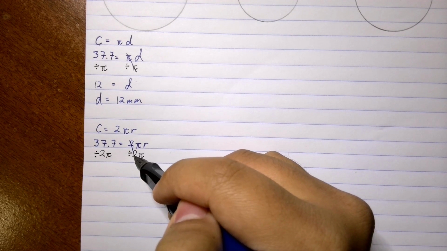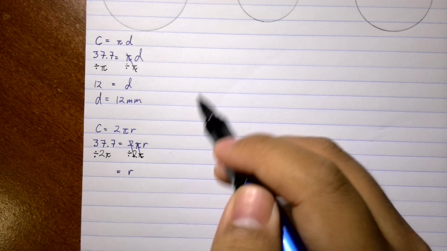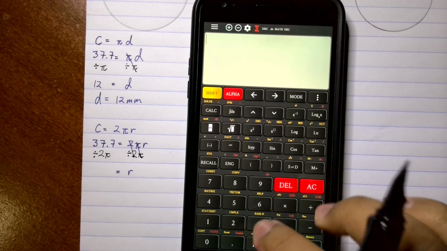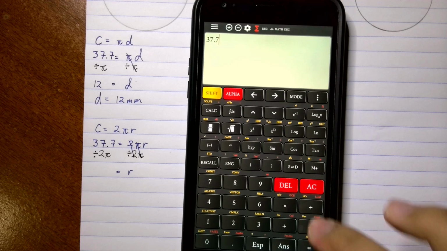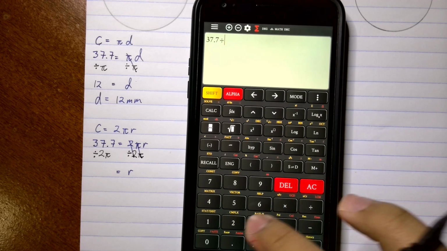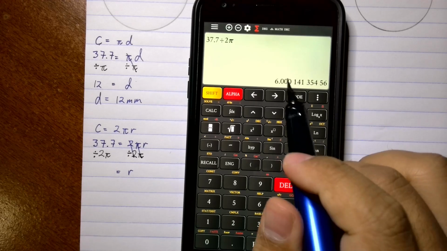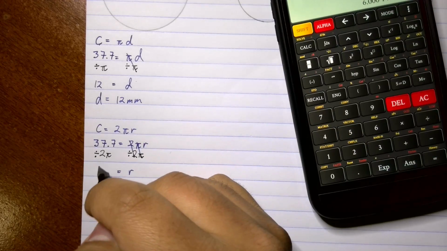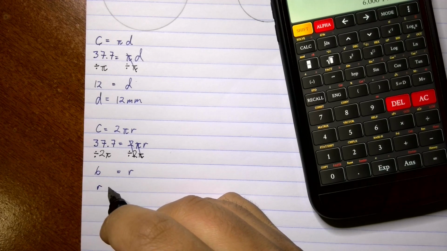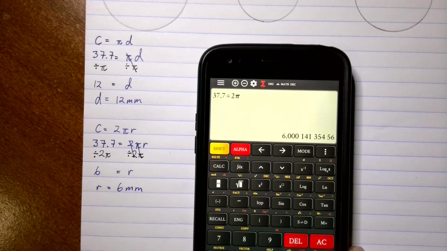The 2's cancel and the pi cancels, which leaves us with r by itself. And what we can do here now is the same thing. 37.7 divided by 2 pi gives us 6.00. As you can see, it's actually exactly half. So let me fix that. Radius is equal to 6 millimeters. There we are.